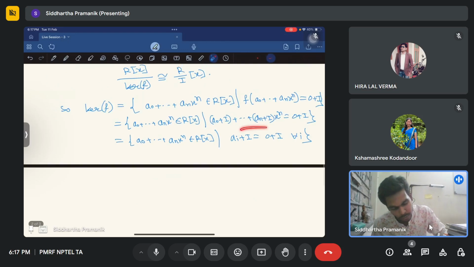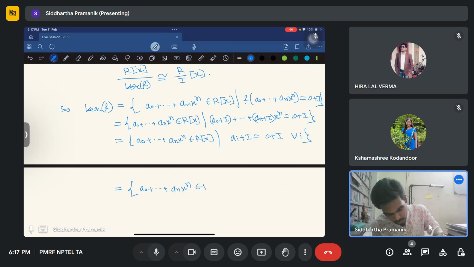So this polynomial is 0, that means all the coefficients must be 0. So that is what I have written. Then it is all those polynomials in R[x] such that the coefficients are from I. Now this is exactly the set I[x]. If you can recall the definition, then this is our I[x].